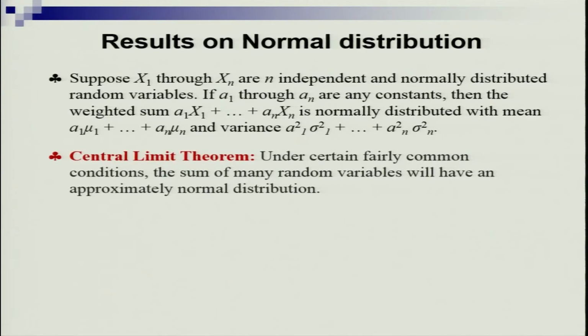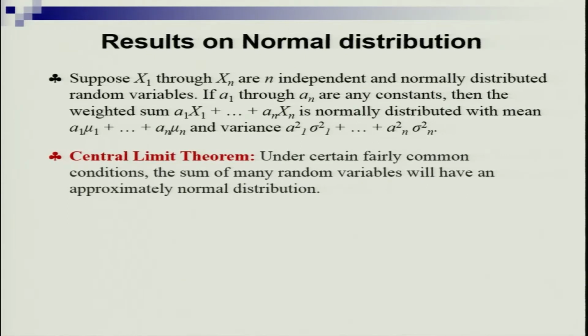Suppose I am dealing with n independent normal random variables x1 to xn, and suppose I also have some constants a1 to an, and I am interested in the weighted sum, a new variable y equal to a1 times x1 plus ... plus an times xn. How will this weighted sum variable y behave?